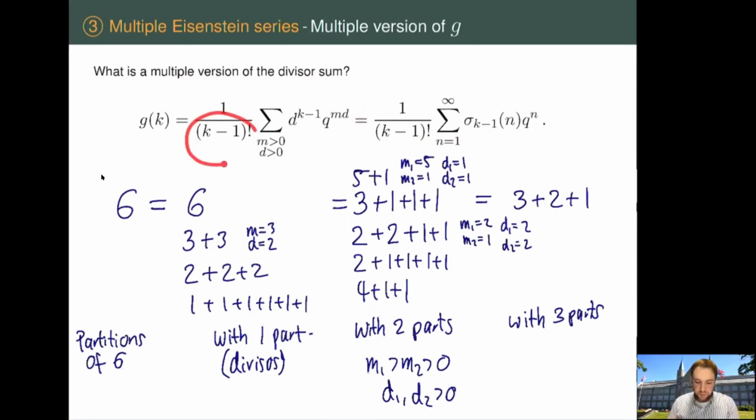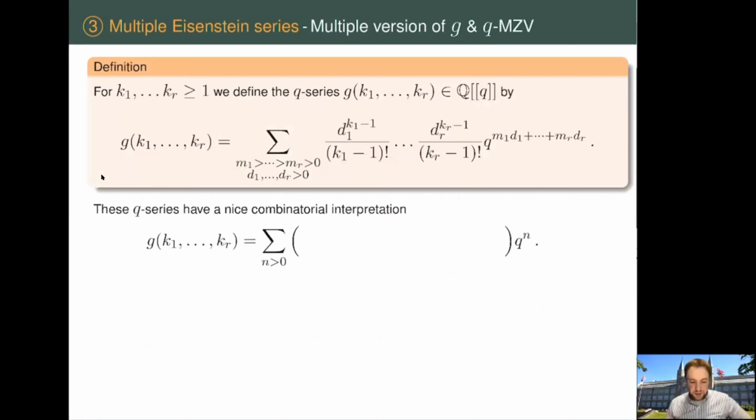And we will also get this factor here for a reason which will become clear later. So what we define now is the following sum. For some integers k1 to kr, we define this multiple g, k1 to kr, by taking exactly this sum here, where the number here is r. And so here, the exponent of q is exactly the number whose partition we consider.